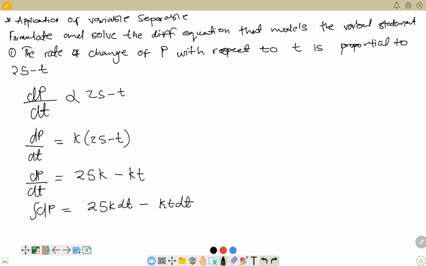If I put the integral sign, it shows that now I am ready to integrate. The integral of dp is equal to p.